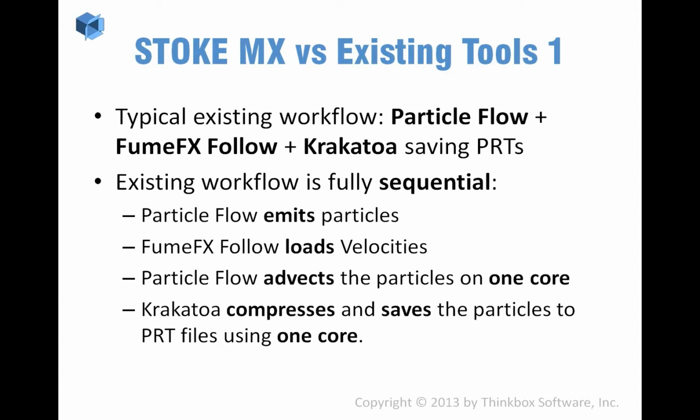Particle flow emits the particles, gets the velocities from film effects, advects each particle on 1 core, and then Kryktor comes and saves the particles 1 file at a time. Because the file is zipped, most of the time it's CPU based, so it goes into compressing. The I/O, we measured it, is insignificant compared to the CPU load. That means that most of the time you are loading 1 CPU just to zip stuff.